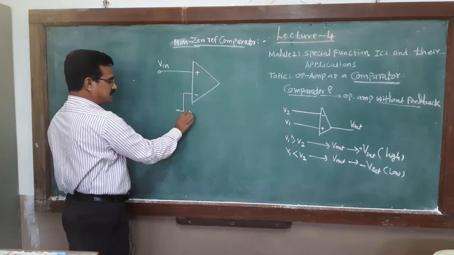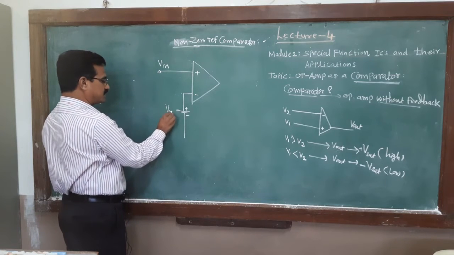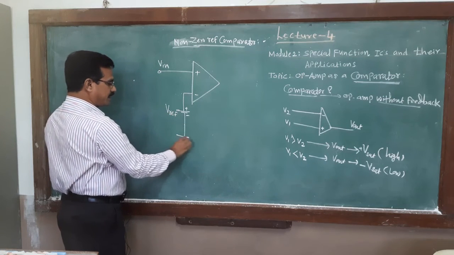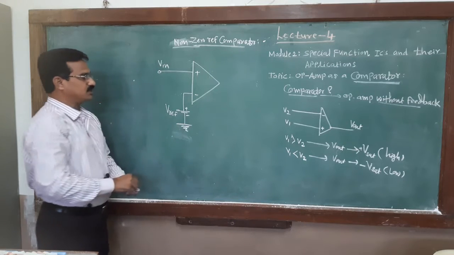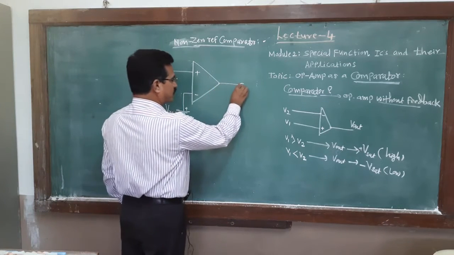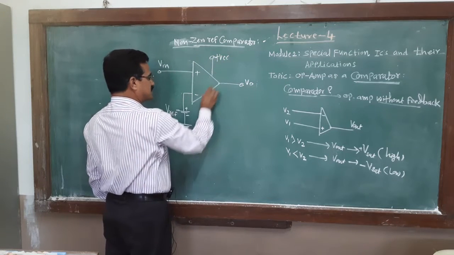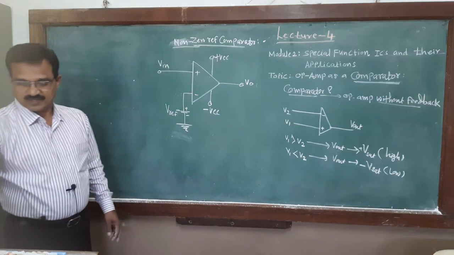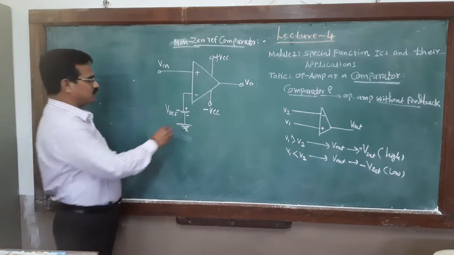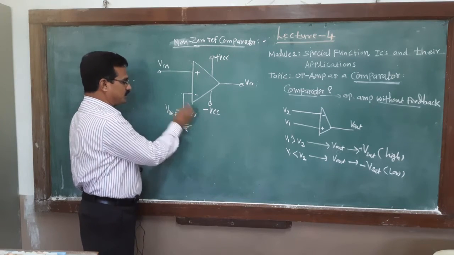And here some reference voltage, V reference, is given. It is connected to ground. And here is the output, V out. As usual, here is plus VCC and here is minus VCC. A reference voltage is given, and suppose that reference voltage is 5 volts.